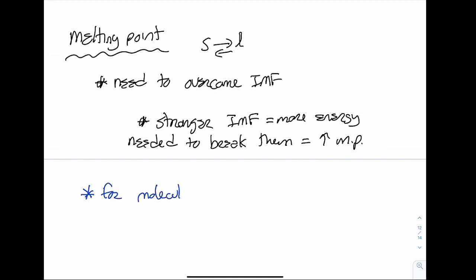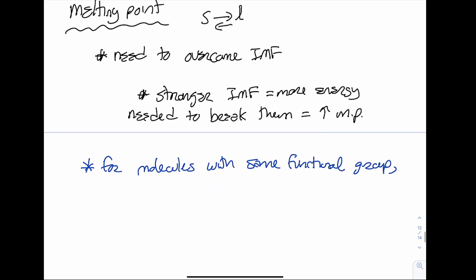so for molecules with the same functional group, more symmetrical molecules have higher melting points.